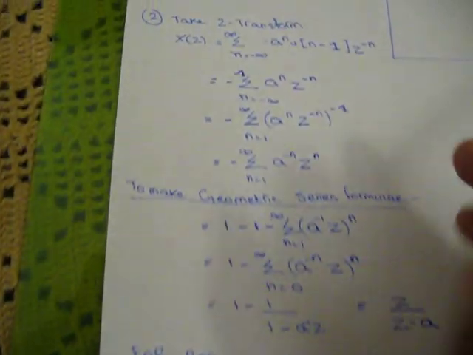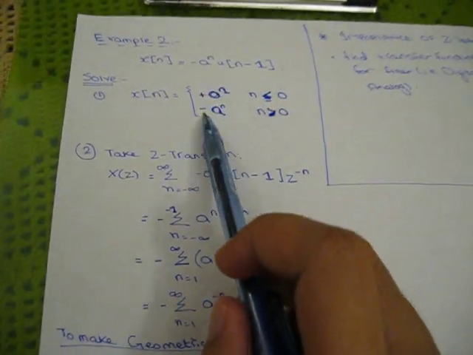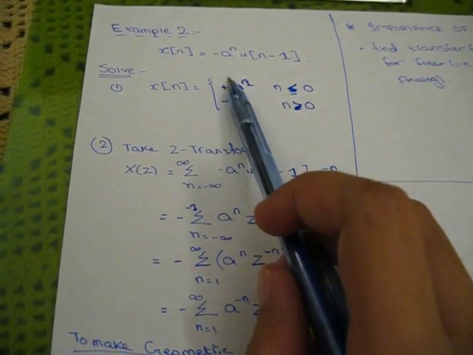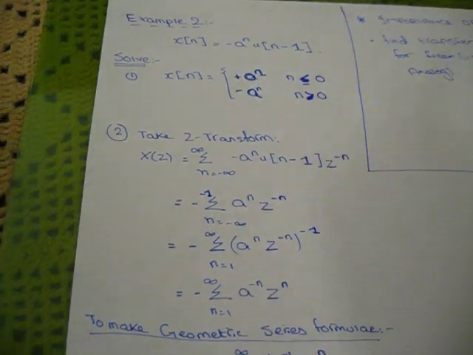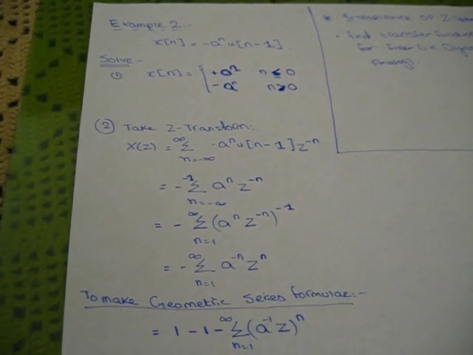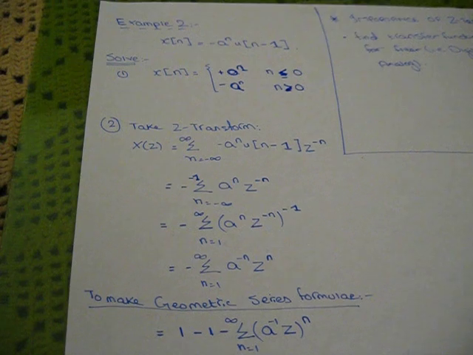Now consider another example. In this example, x of n equal to minus a of n u of minus n minus 1. It is a shifted version of unit step function.